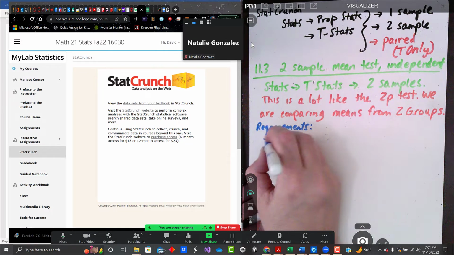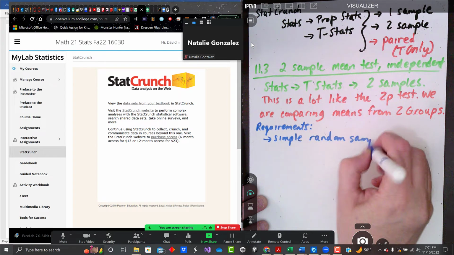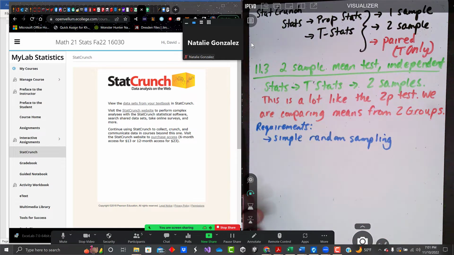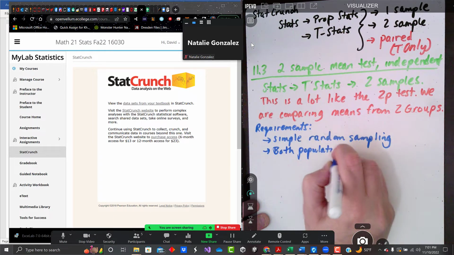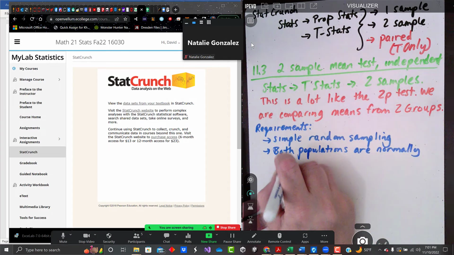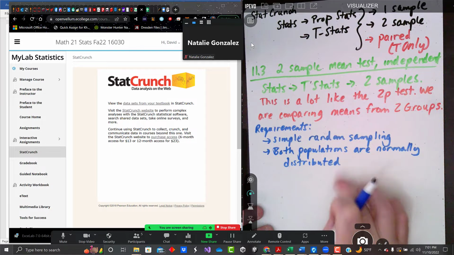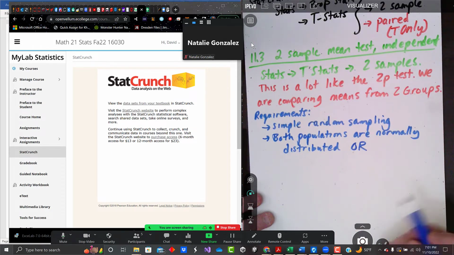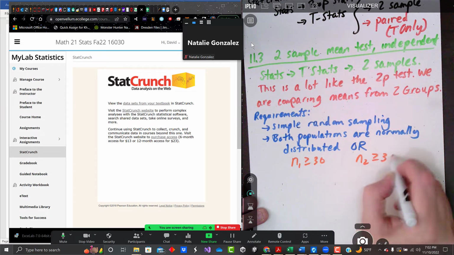We need simple random sampling. That's like everything. And then we want both populations to be normally distributed, or N1 is greater than or equal to 30, and N2 is greater than or equal to 30. Our sample sizes are bigger than 30.